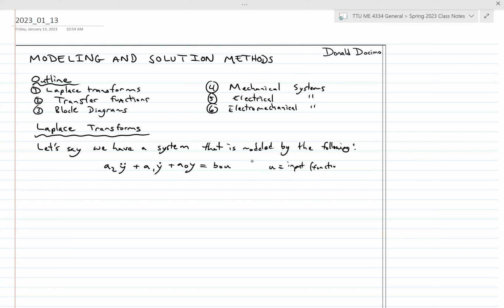It's a function of time. Y is also a function of time, but that's going to be our output.